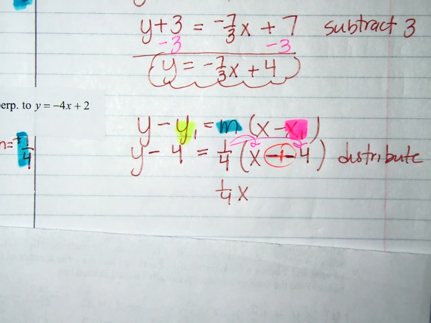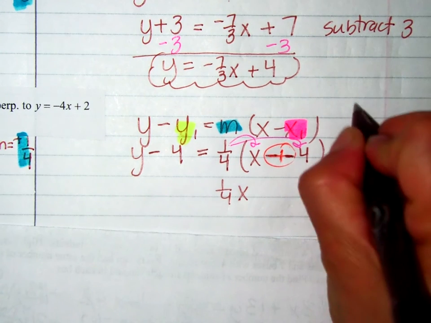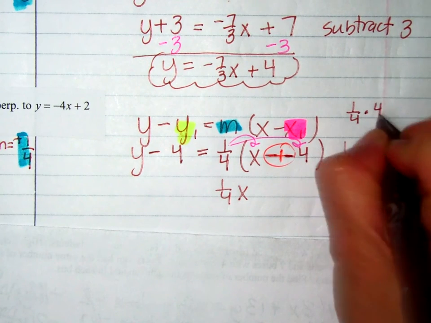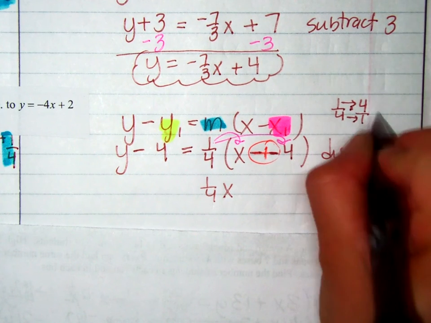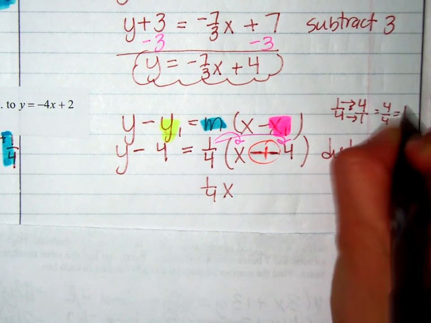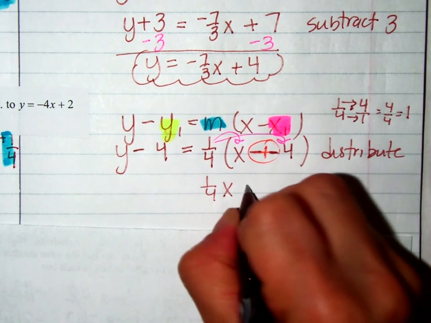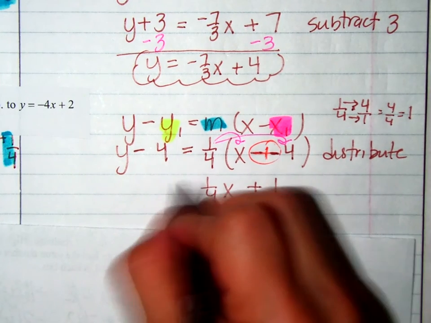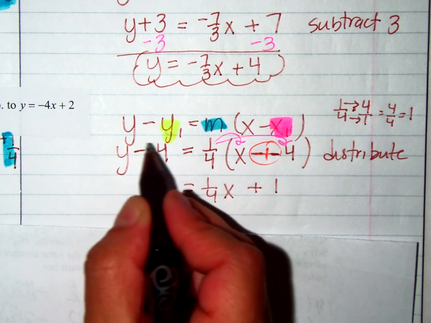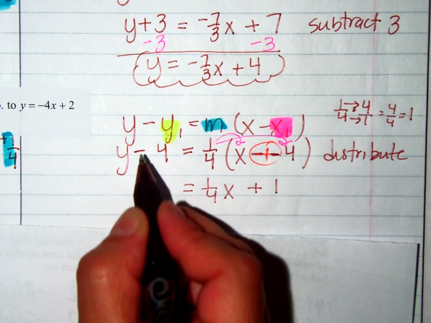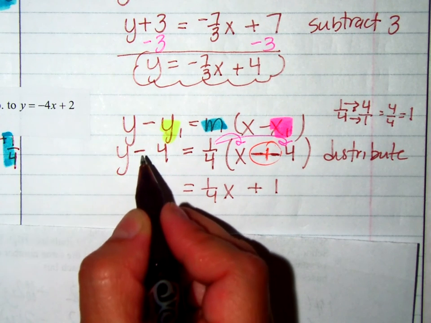So 1/4 times 4, if you don't remember, write it out on the side. Remember that 4, you need to make it into a fraction, multiply straight through, and then divide. So that gave me a positive 1. On this side, notice I'm not changing this to addition because I only have one subtraction sign here, or one negative sign.